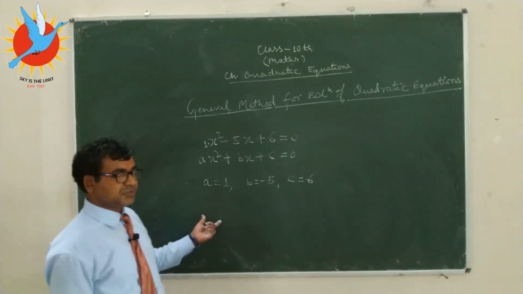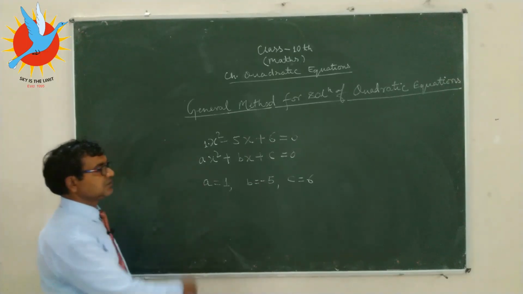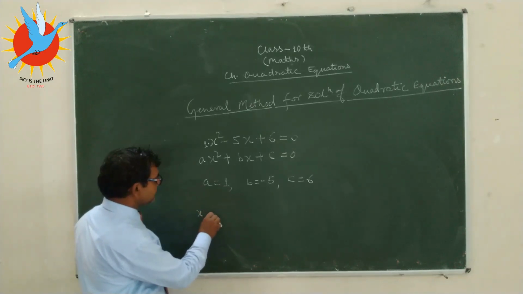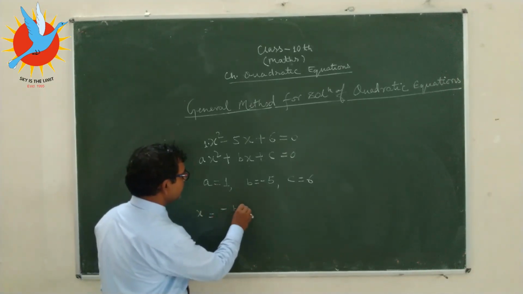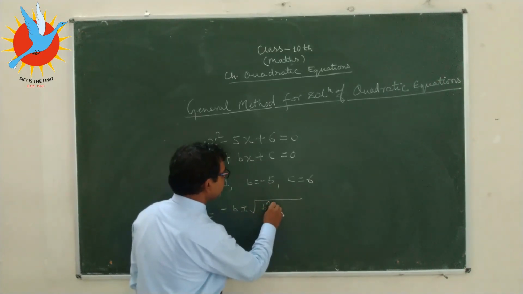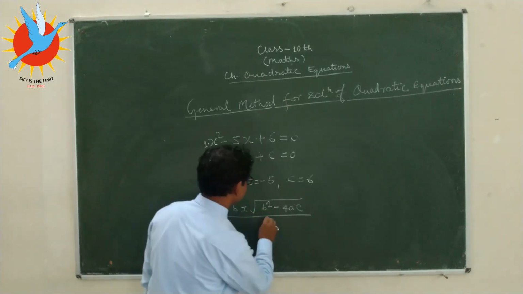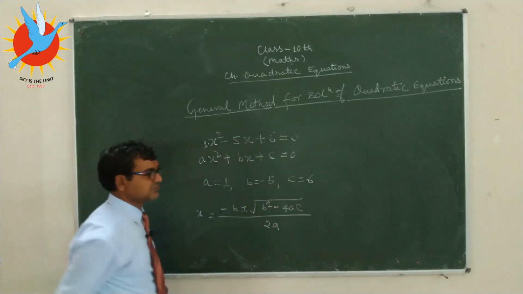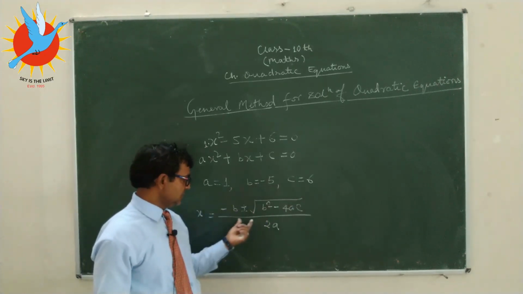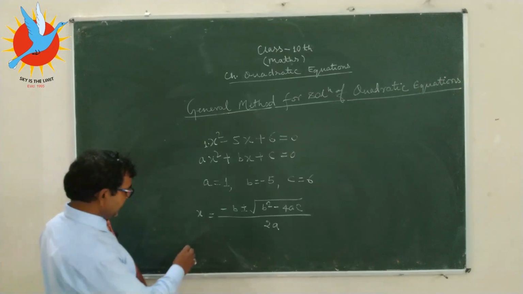Now you have to use Sridharacharya formula, that is the general method for the solution of a quadratic equation. So Sridharacharya formula is x equal to minus b plus minus root over b square minus 4ac upon 2a. Now put these values in this formula at the appropriate place.